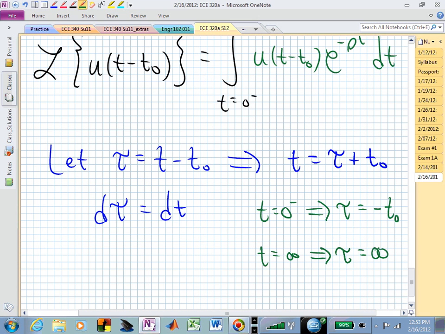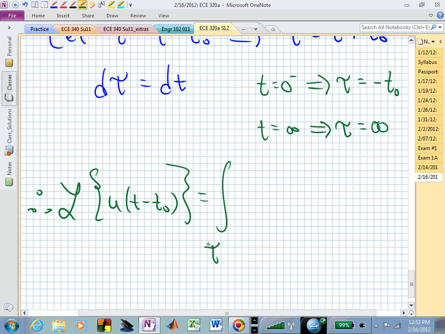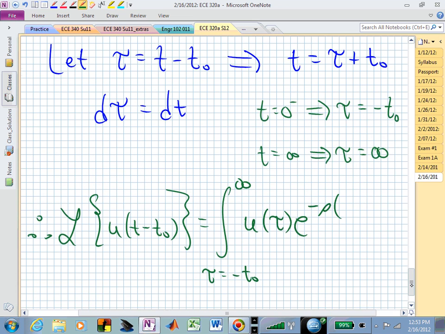remaining. We can now use that information to say that if we're Laplace transforming this delayed unit step, we now have this integral from tau equal minus t naught up to infinity of u of tau e to the minus s, but what was t?